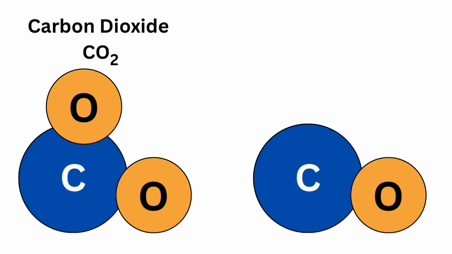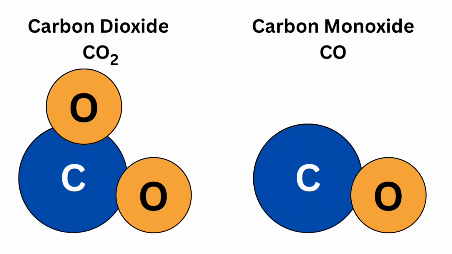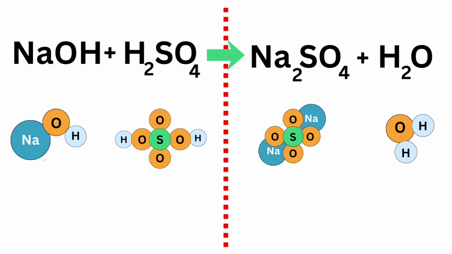If we decided to remove one of the oxygen atoms in an attempt to balance the equation, this would leave us with 1 carbon atom and 1 oxygen atom. The formula of the molecule would now be CO, but the formula CO is carbon monoxide, not carbon dioxide. So by changing the formula, we've actually got an entirely different chemical. So let's get back to balancing that equation.